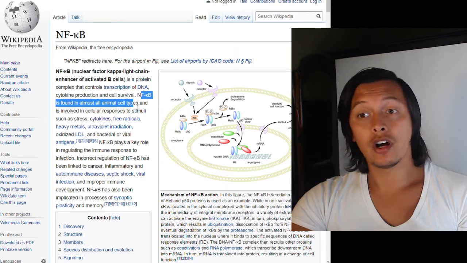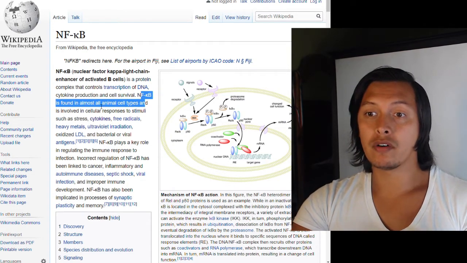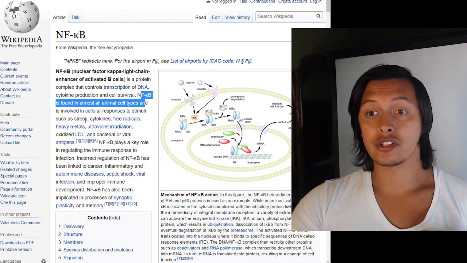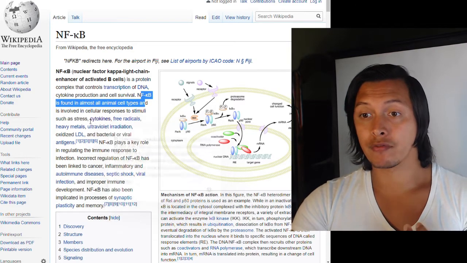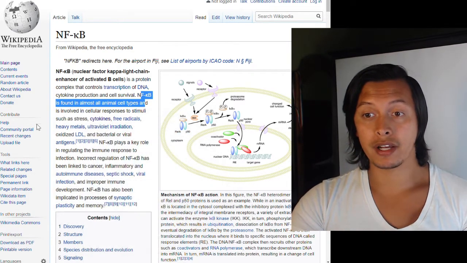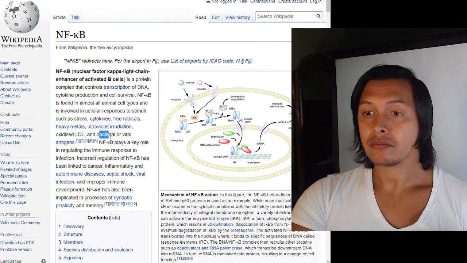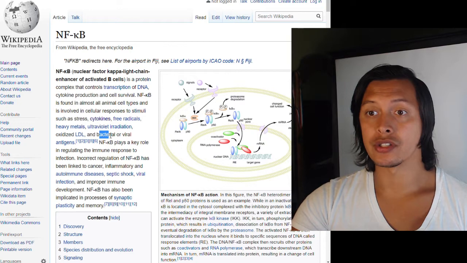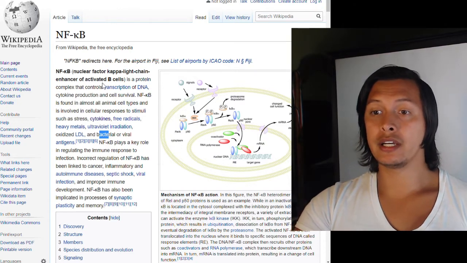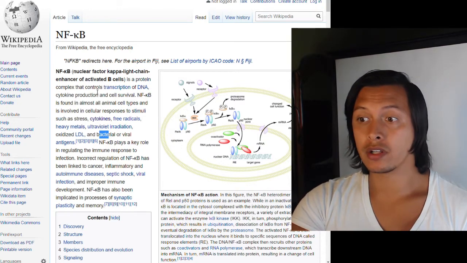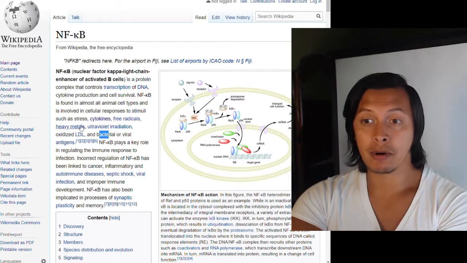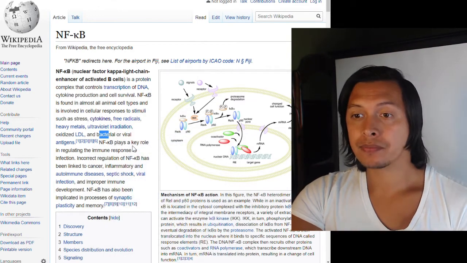So it is found in almost all animal cell types and is involved in cellular response to stimuli such as stress, cytokines, free radicals, heavy metals, ultraviolet irradiation, oxidized LDL cholesterol, and bacterial or viral antigens. So this protein is upregulated, or at least activated, in response to these damaging things.